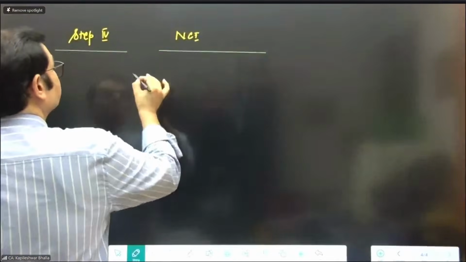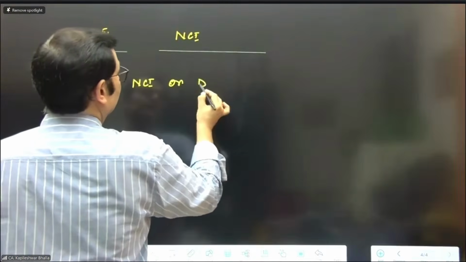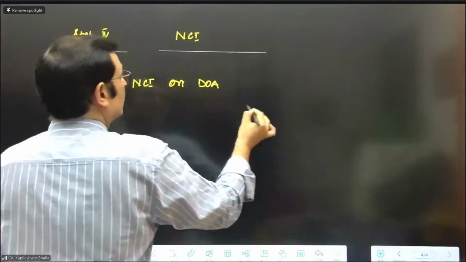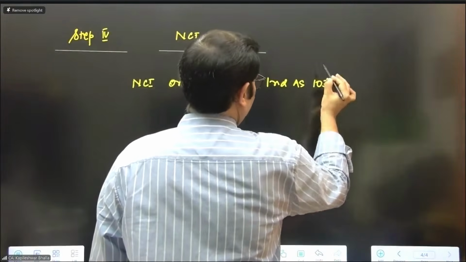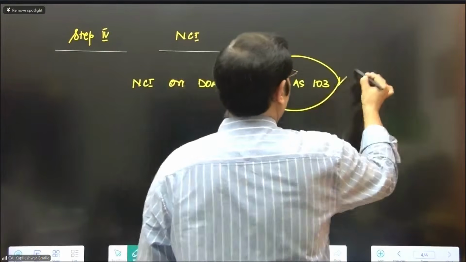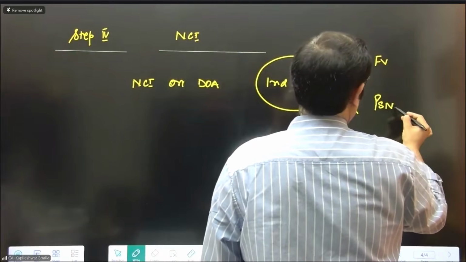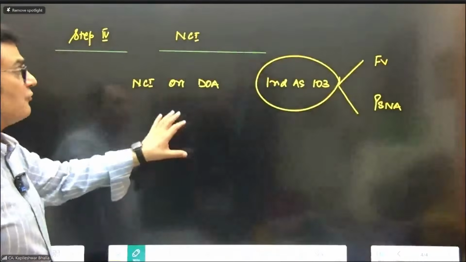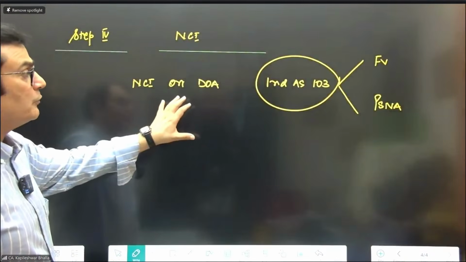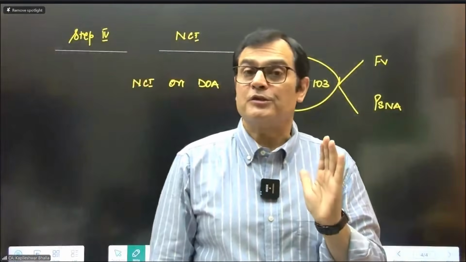Now, when you look at the computation of the NCI, we need to take the NCI on the date of acquisition, and this will be purely as per Index 103. And based on Index 103, either you have taken this at fair value or you have taken this at a proportionate share. So you need to consider first of all the NCI on the acquisition date, which is purely what you did in terms of Index 103.